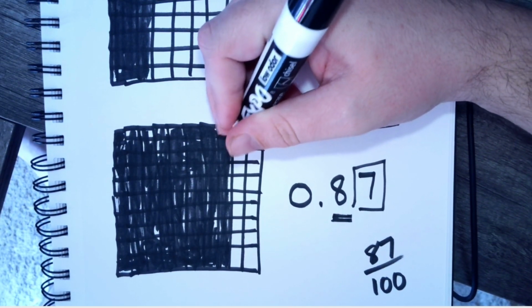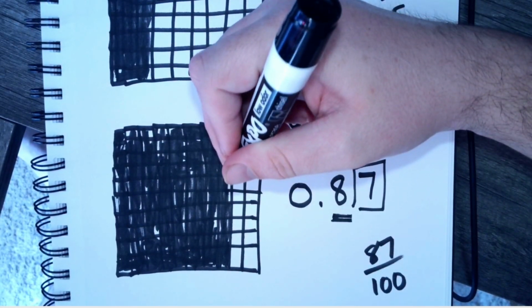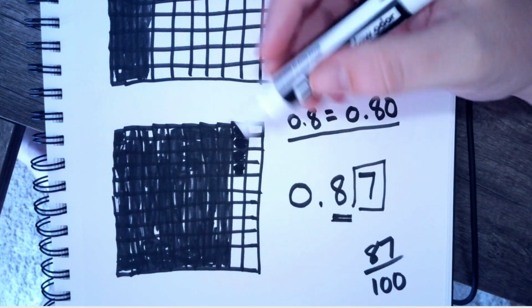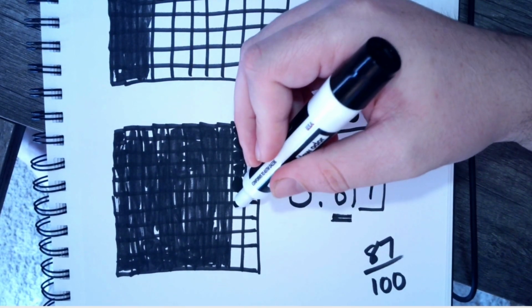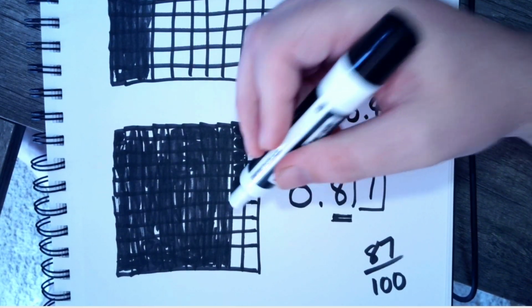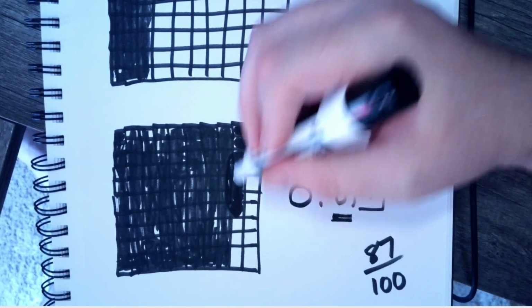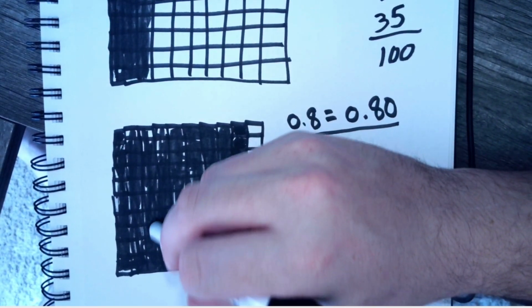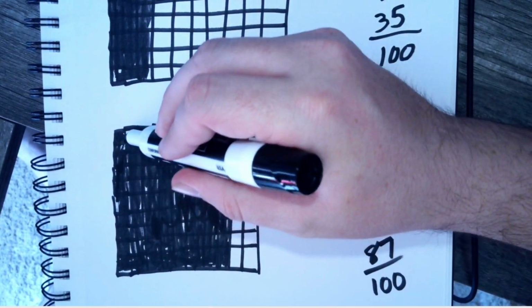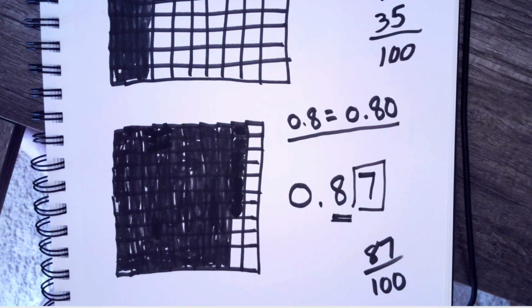So 1, 2, 3, 4, 5, 6, 7. Okay. So that is our completed model.